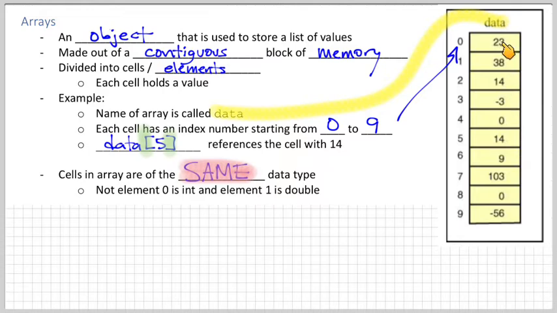In a Python list, I can make them whatever I want. I could add a turtle, then I could add a string, then I can add an integer, etc. But in Java, they must all be the same. So I'm going to highlight that in red because it's different than Python.